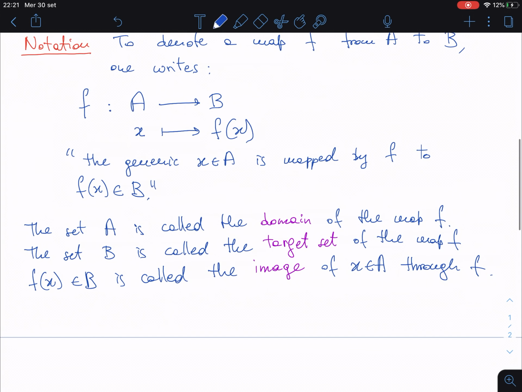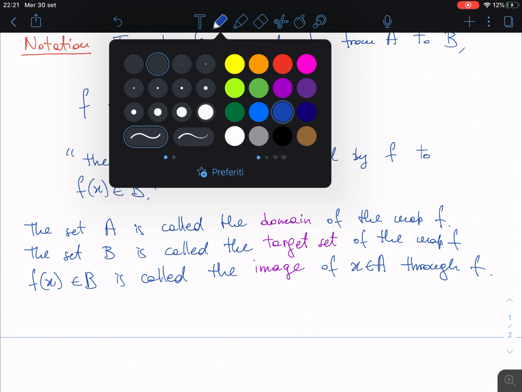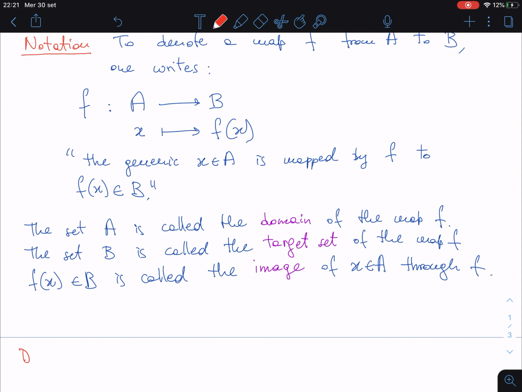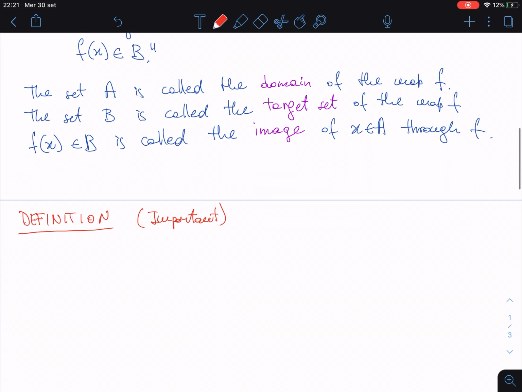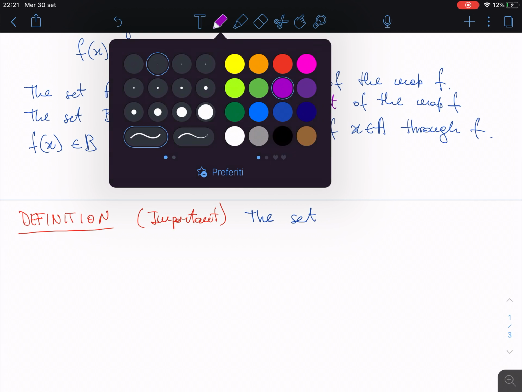And then another very important definition is the following: the range. This is important. Also, the previous one was important. The definition of function in a course of mathematical analysis 1 is extremely important. I don't need to write it. Here, perhaps I need to write it. So I write definition. And this is extremely important: the definition of range. The set, let me write it and then we will explain.